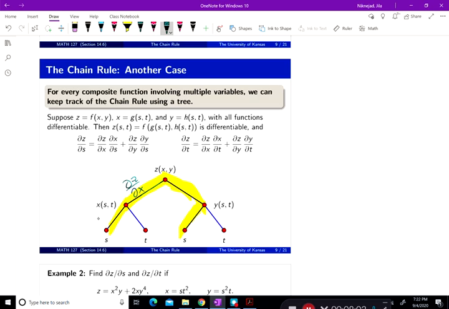Z and x are connected, and x has 2 variables. Again, you have a partial of x with respect to s. Over here is partial of z with respect to y, and then partial of y with respect to s. This times that plus that times this, and you get the partial of z with respect to s.